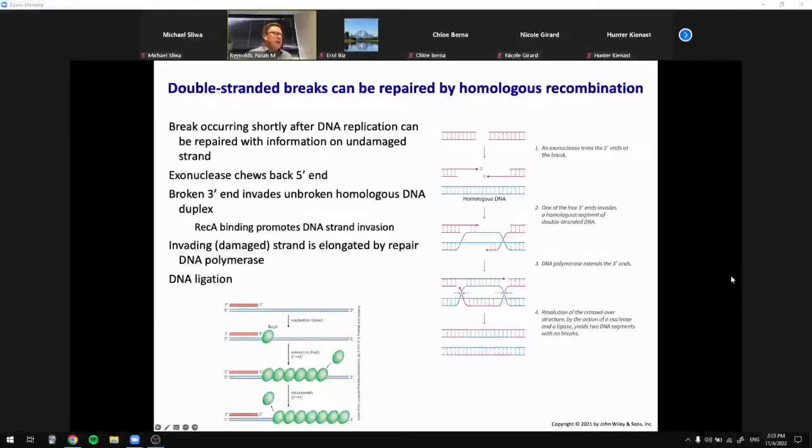And so when you do that, sometimes we call this flawless repair. And so you're not going to have those proteins that chew back the ends and repair it, but they don't have a template. So they're adding things that you didn't have before. So in this case, we're using DNA we have to make this repair. So we have all the DNA that we had before, and we have the right sequence.